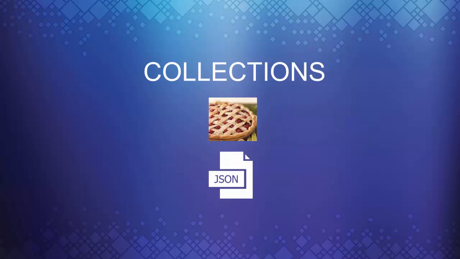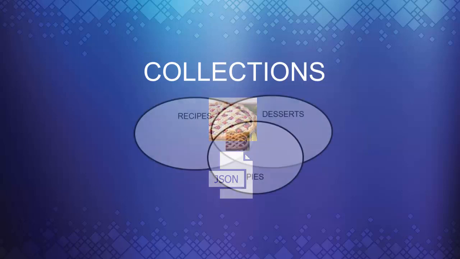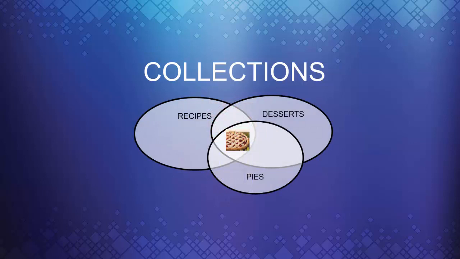The documents in a collection can be of different document types or structures, and they can all still coexist within that collection. Let's say the cherry pie recipe document might be added to our database and placed in a collection called recipes, as well as a collection called pies and desserts. You could visualize that as looking like this.